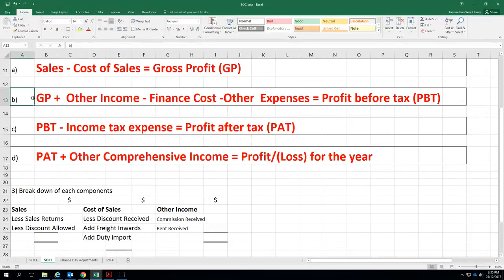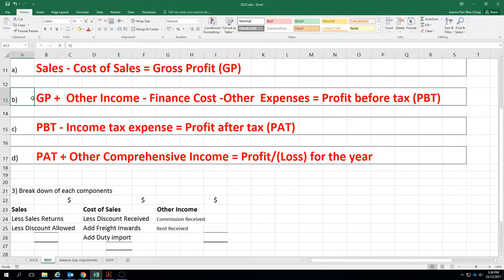Other comprehensive income in your syllabus for the Australian matriculation program only relates to revaluation of non-current asset. When there is a gain on asset revaluation, you will add. When there is a loss on asset revaluation, you will minus. Then you have profit or loss for the year.